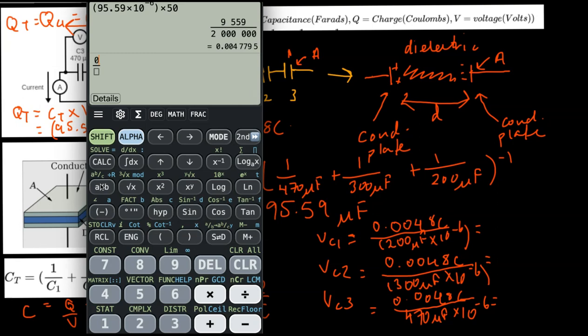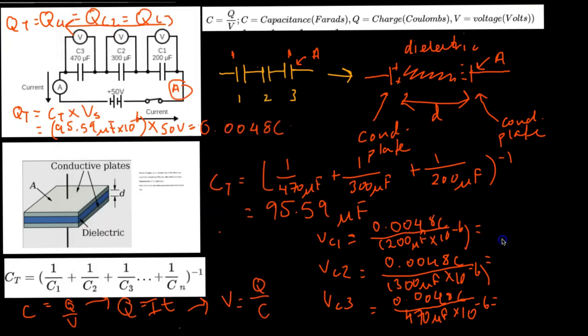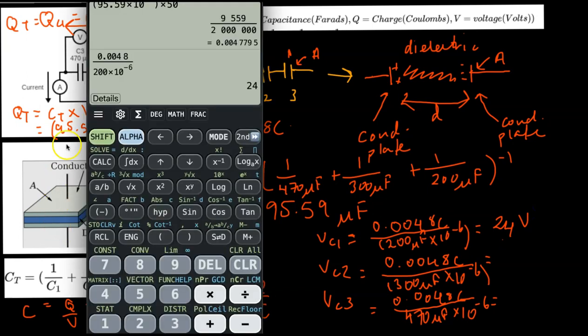So we've got 0.0048 over 200 times 10 to the negative 6. That's 24 volts over the first. What about the second? We've got 0.0048 over 300 times 10 to the negative 6.